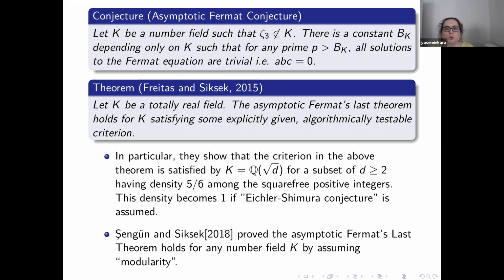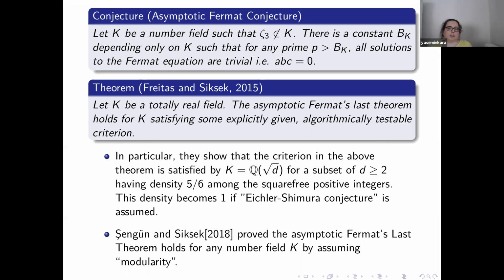And you also have irreducibility of mod p Galois representations. You have enough of all these big theorems to prove that for totally real fields, this asymptotic Fermat conjecture is true.